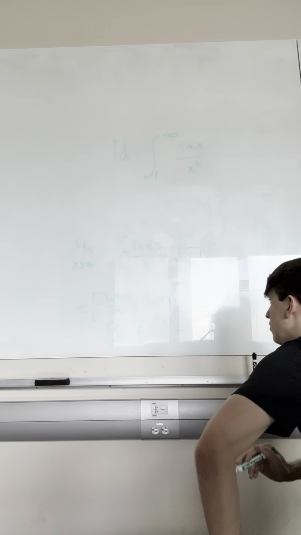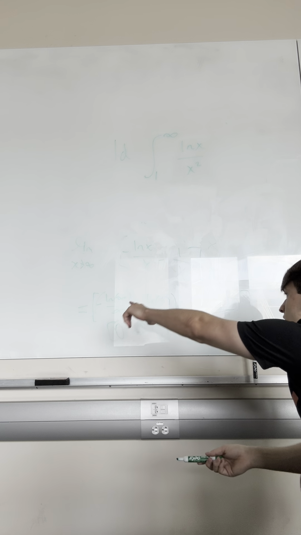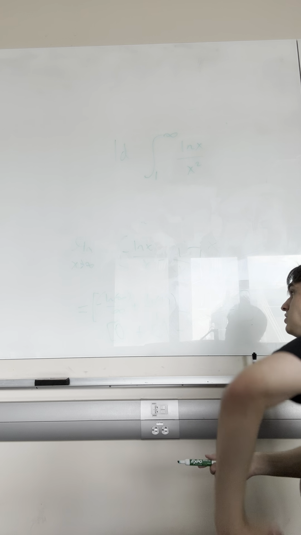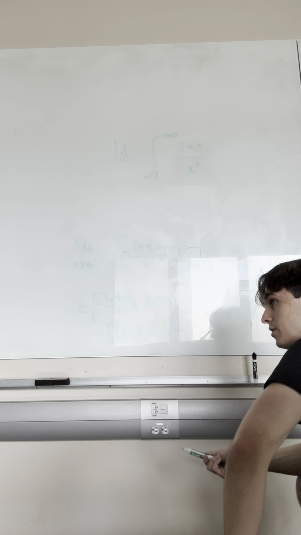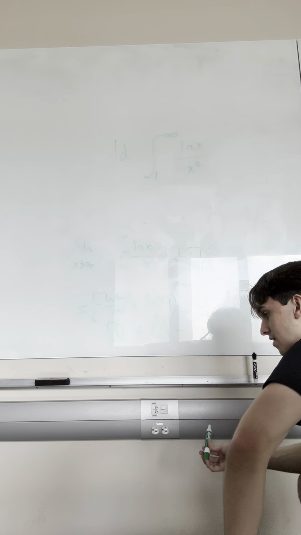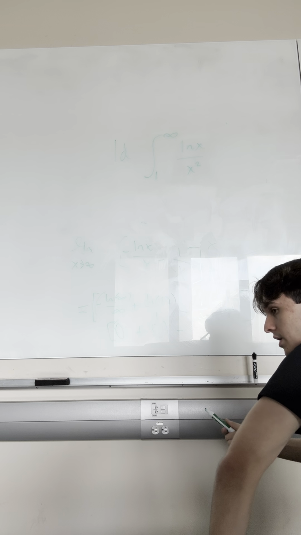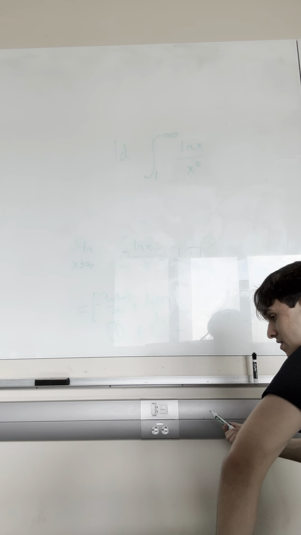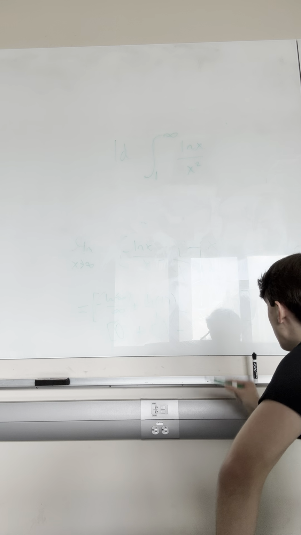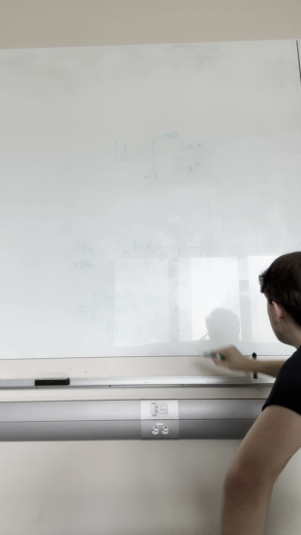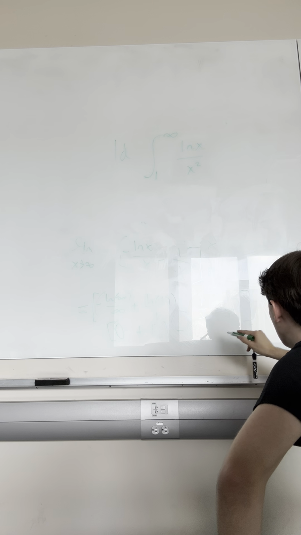Like I said before, ln of infinity is a function that will eventually go to infinity, but it grows slower than infinity itself. It's the same principle with 1 over infinity, because 1 stays constant and infinity just grows to an infinitely large number, and that will make this also 0. And 1 over 1 is just 1.